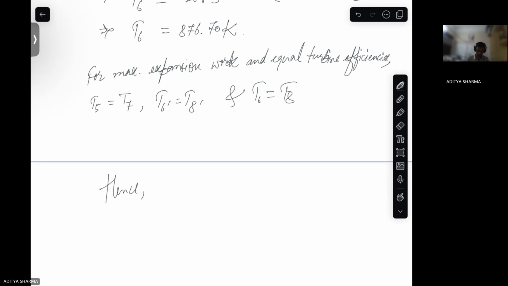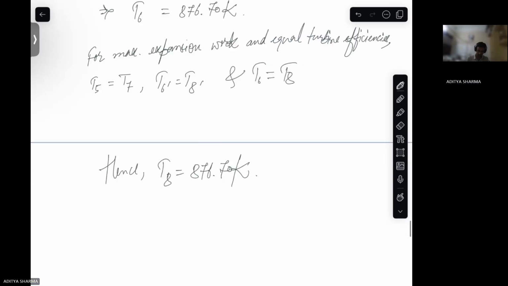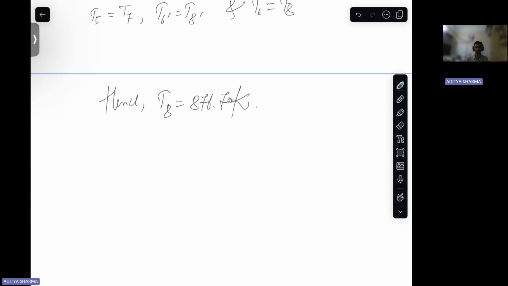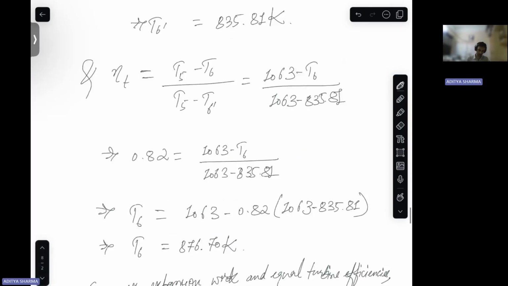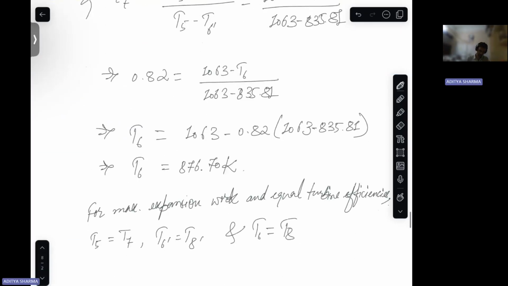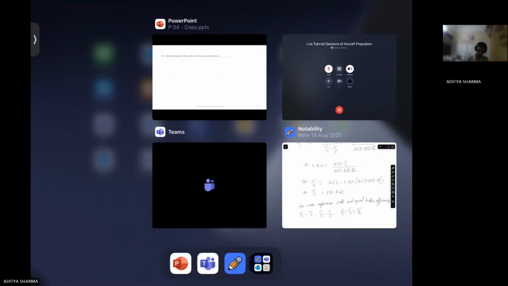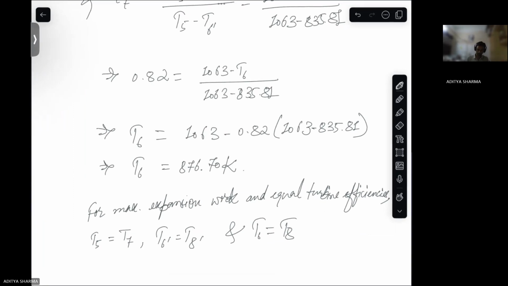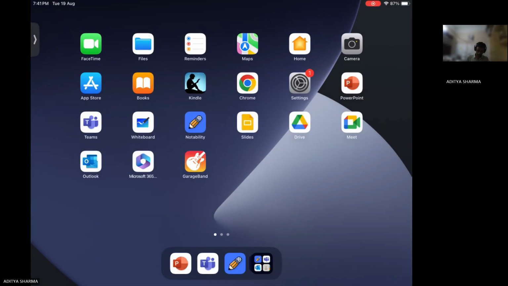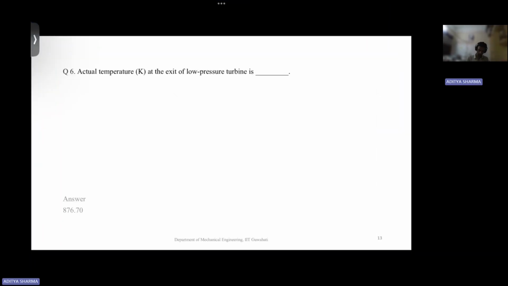Hence, T8 is equal to 876.70 Kelvin. So this is your question number 6. Then question number 7 is there. But before moving ahead, we'll take a short 5 minutes break. After that, we will continue with the session.